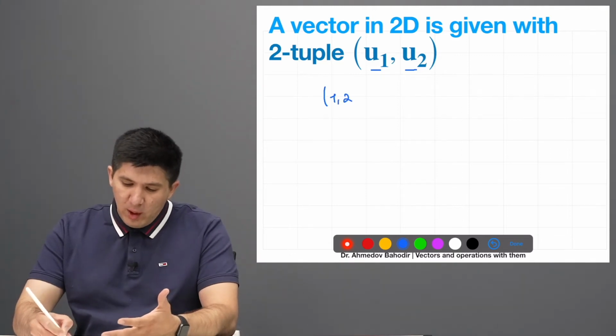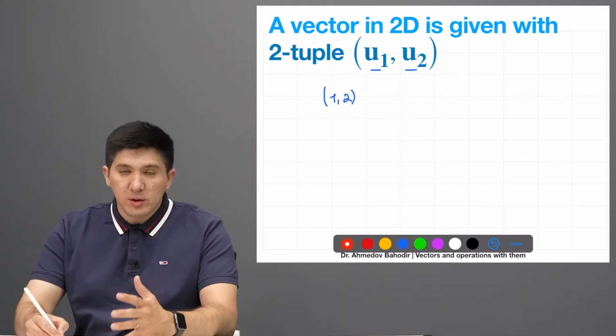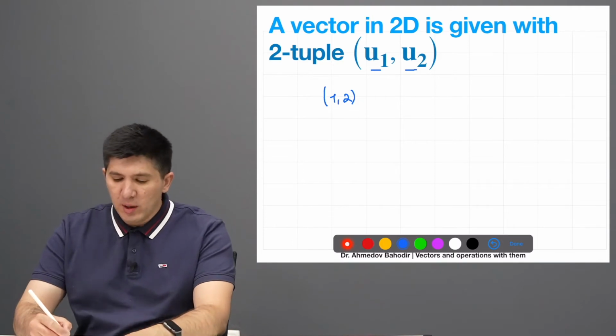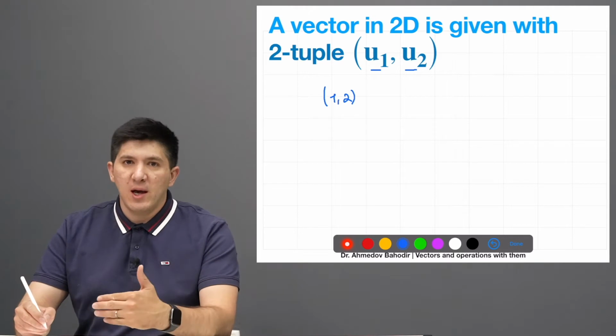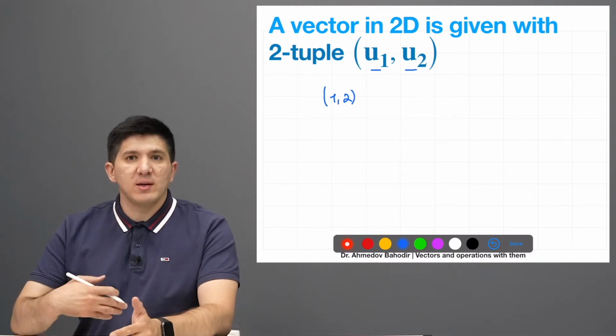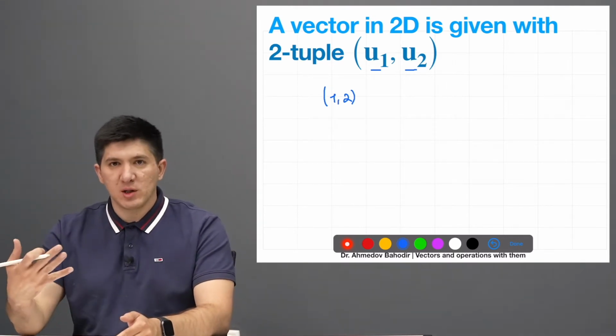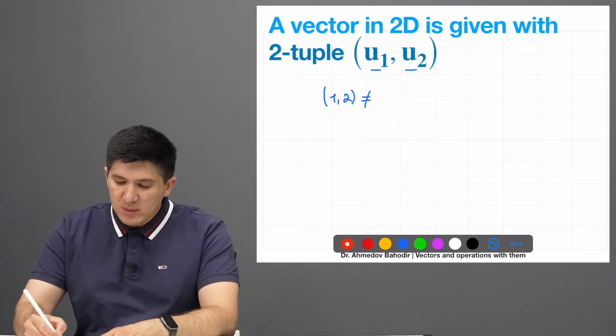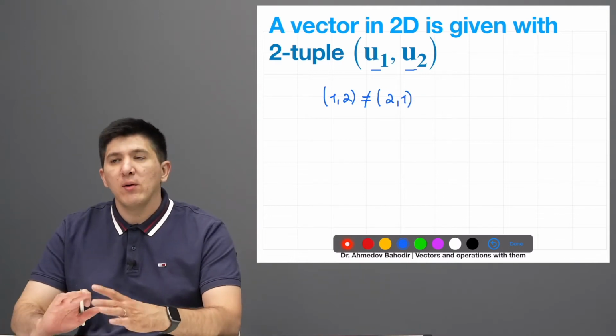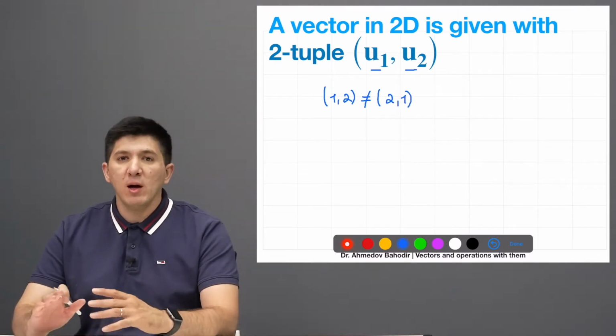For example, (1, 2). For the two-tuple, the attribute in the first position inside your brackets is conceptually different from the attribute in the second position. So you can't just put an equality sign between (1, 2) and (2, 1). Even though the same numbers are participating there, they are different.